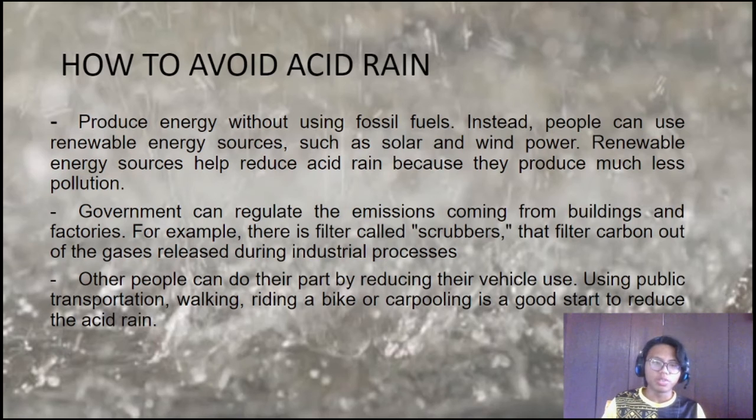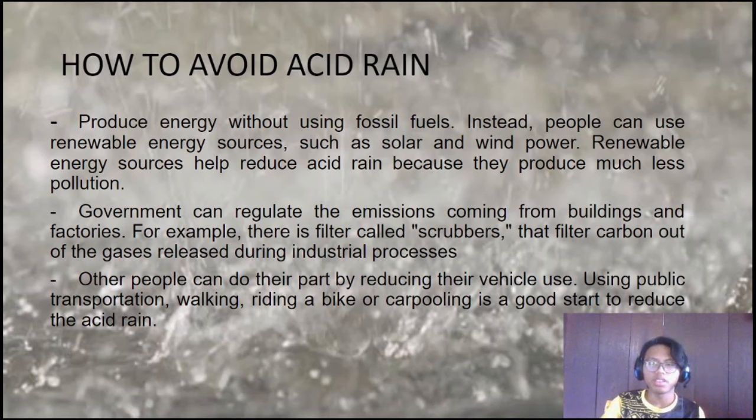Okay, next, the government can regulate the emissions coming from buildings and factories. For example, there is a technology created that is like a filter, called scrubbers. This filter functions to filter carbon out of the gas released during industrial processes.